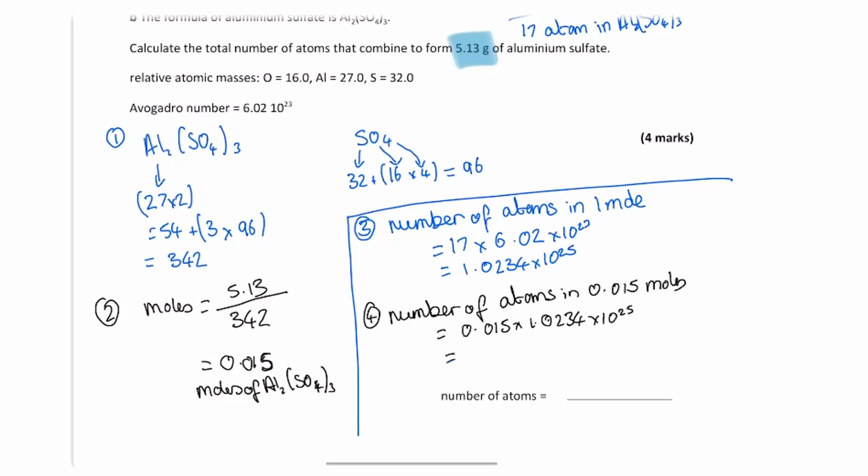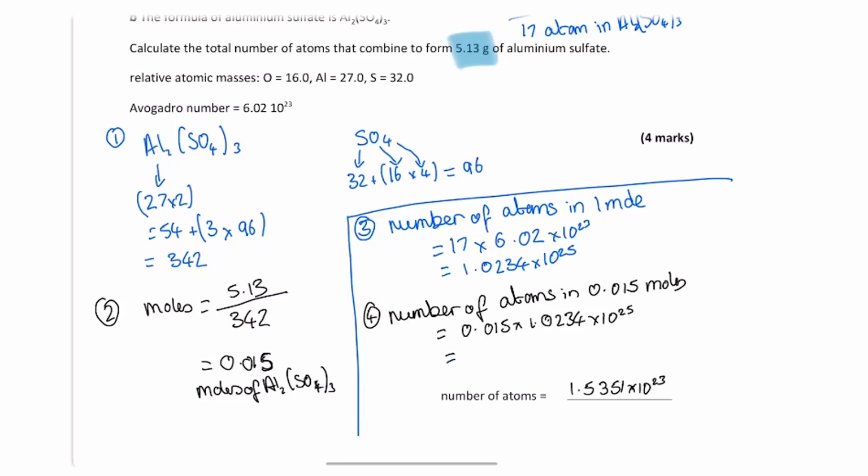And that will give us our final answer. And I'm going to write that in the answer space down here. So that is going to give us 1.5351 times 10 to the 23 atoms in 5.31 grams of aluminium sulfate.